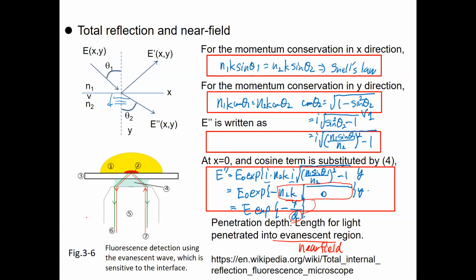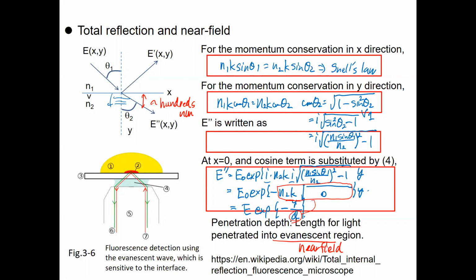In many cases, when you use visible light, it is on the order of hundreds of nanometers. This small confined region of light can be utilized for spectroscopy.